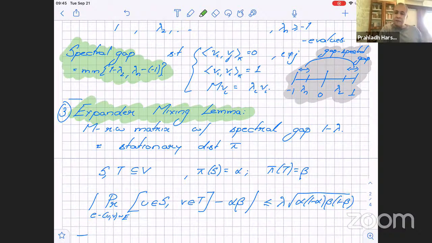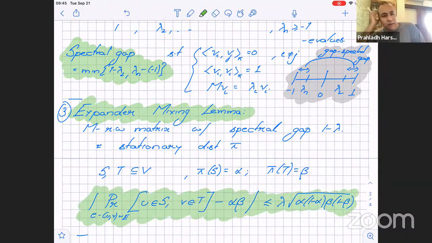The probability that the left endpoint is in S and the right endpoint is in T, minus alpha beta, in which you pick the two endpoints completely independently at random, not according to the random walk, that would be alpha beta. The difference between these two probabilities is not too large. It's at most lambda times the square root of alpha(1 minus alpha)beta(1 minus beta). This is an immediate consequence of the fact that we have an eigenbasis for the random walk matrix.